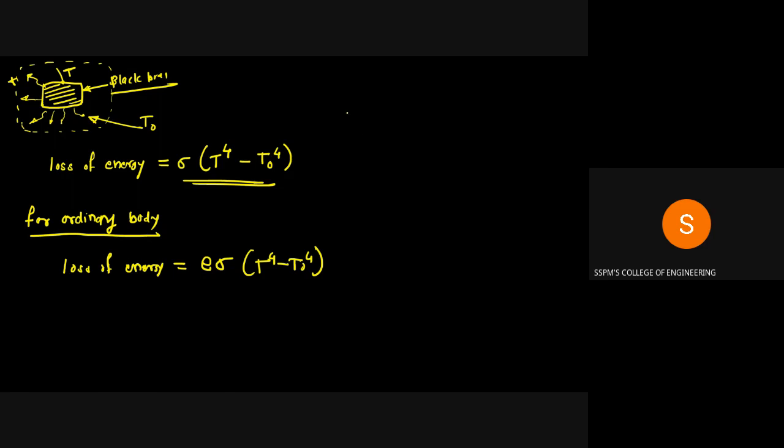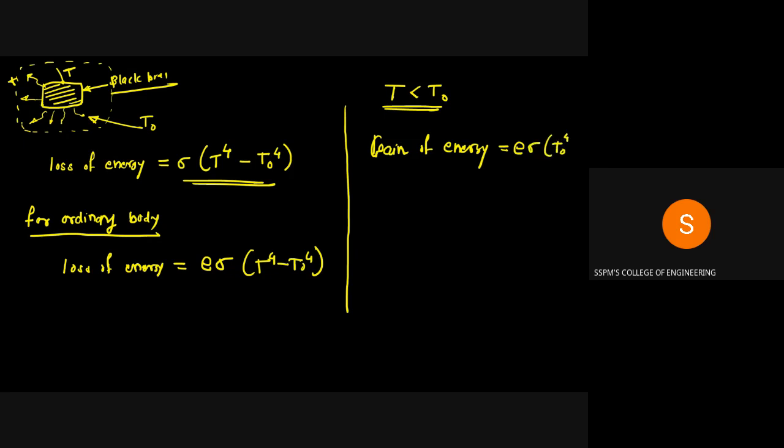And suppose the surrounding temperature is greater than the temperature of the body. If T is less than T naught, then it is not a loss but a gain of energy, which is equal to emissivity into sigma times T naught raised to fourth minus T raised to fourth.